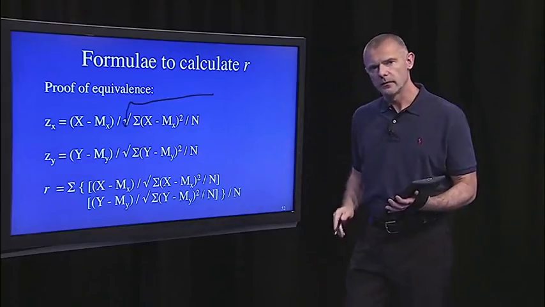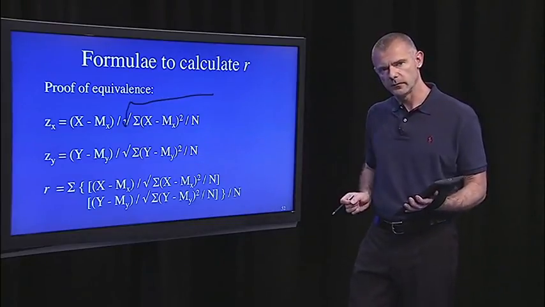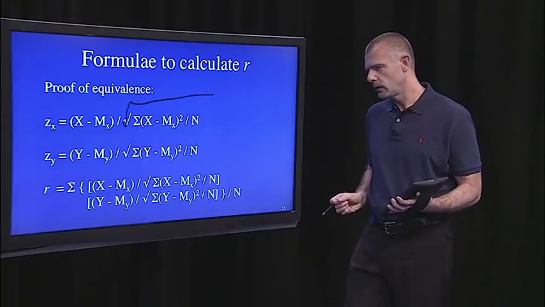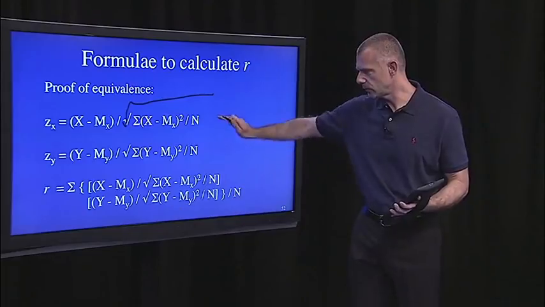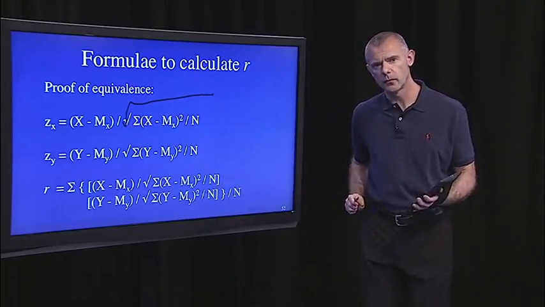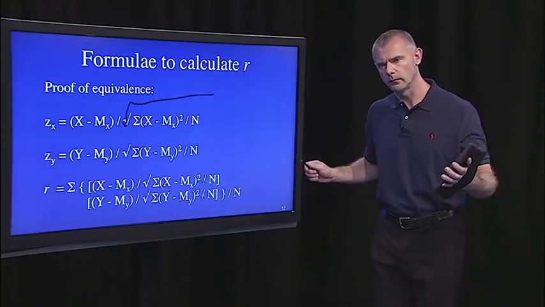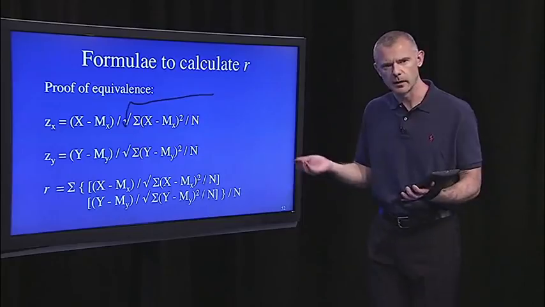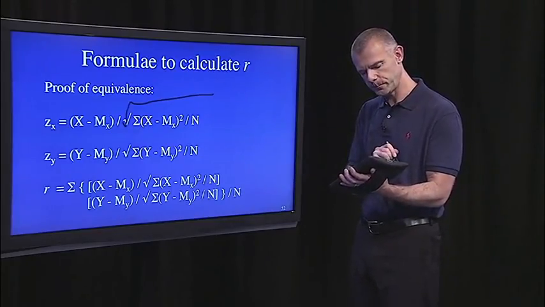Remember, in the numerator of the z-score formula for r, we had the product of the two z-scores. And I'm going to sum those products. So I'm taking the first z term, the second z term, and plugging them into the formula for r. So we're writing out the formula for r in long form. It looks ugly. That's why I started with the short one with the two z-scores.